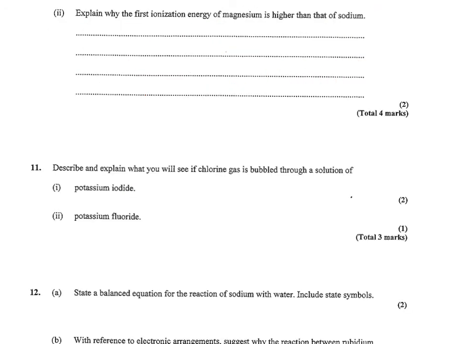Number 2 from question number 10 wants to know why the first ionization energy of magnesium is higher than that of sodium. Well, Na is number 11, so it's got a +1 effective nuclear charge and 1 valence electron, whereas Mg is number 12, so it has a +2 effective nuclear charge and 2 valence electrons.